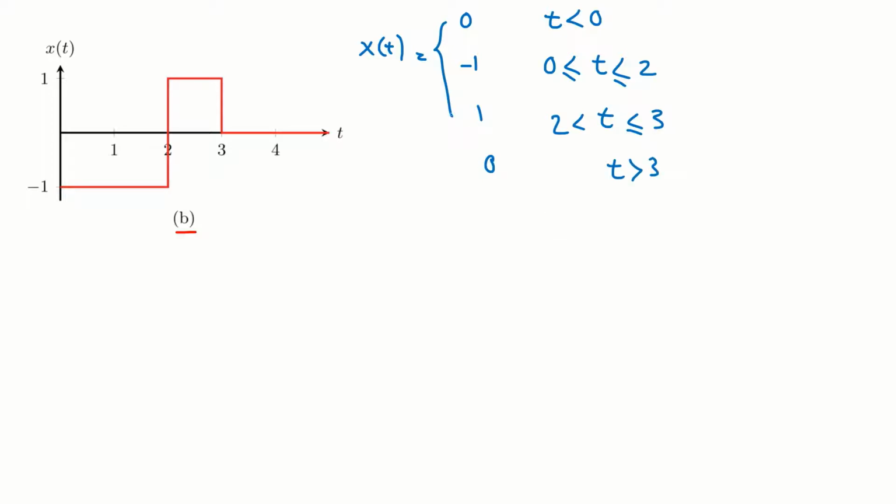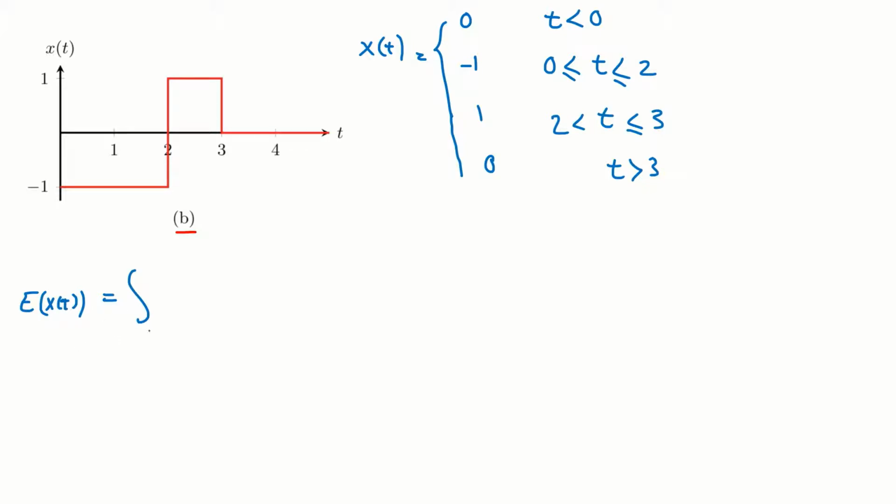Okay? So if you check, this is actually an inverted version of the previous signal. I want to see if the energy of the inverted version of the previous signal is the same as the energy of the original signal or not. So let me again calculate that. We know the energy of the signal equals integration over these 4 intervals.